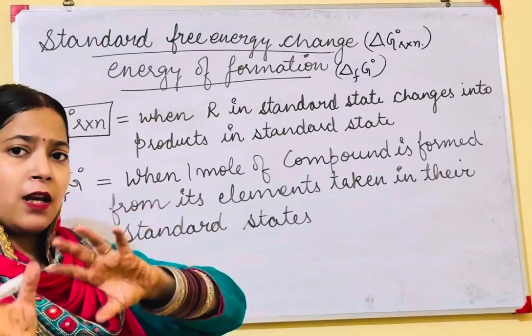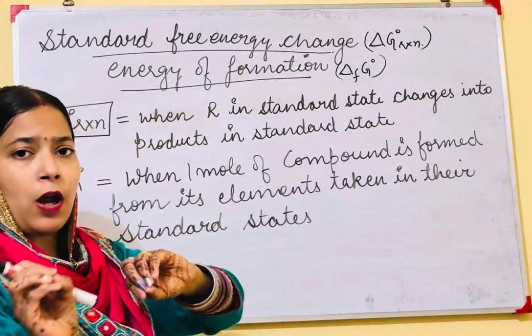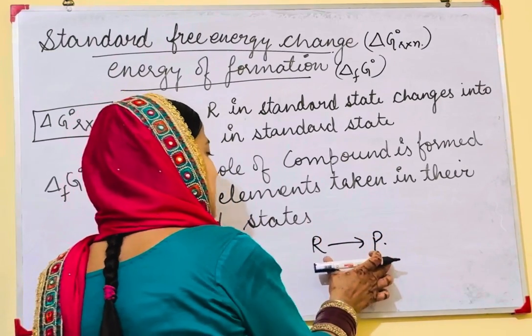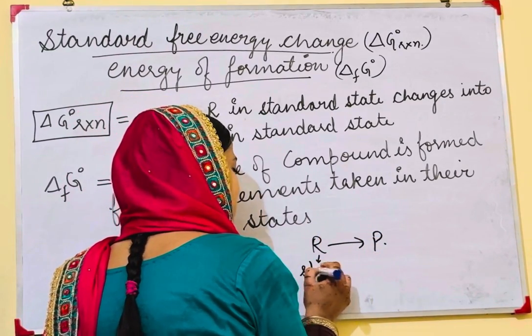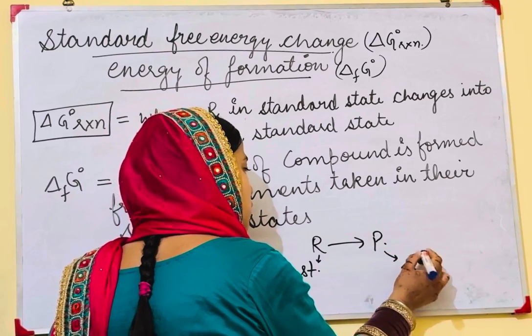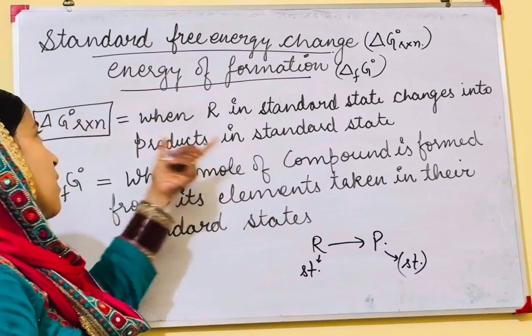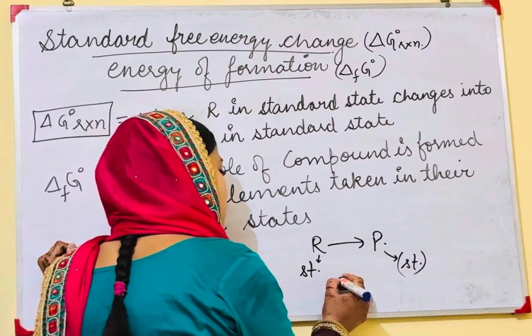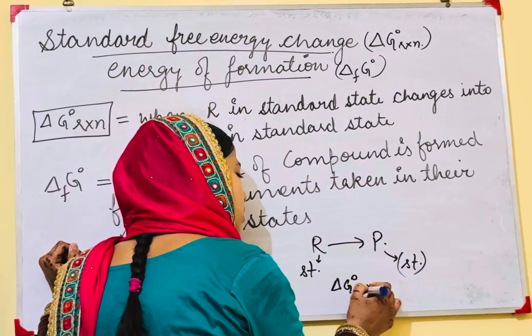When we consider any reactant changing into product, and we consider the reactant in its standard state and the product also in its standard state, then the free energy change is called the standard free energy change for a reaction.